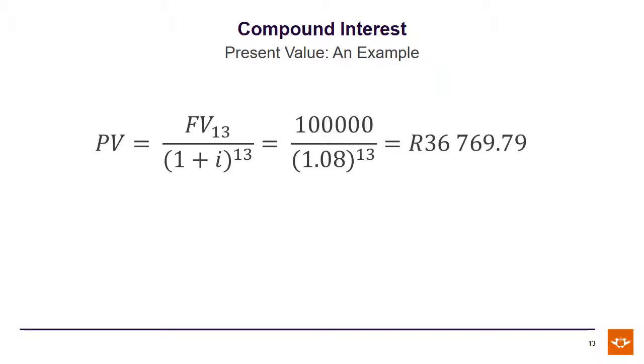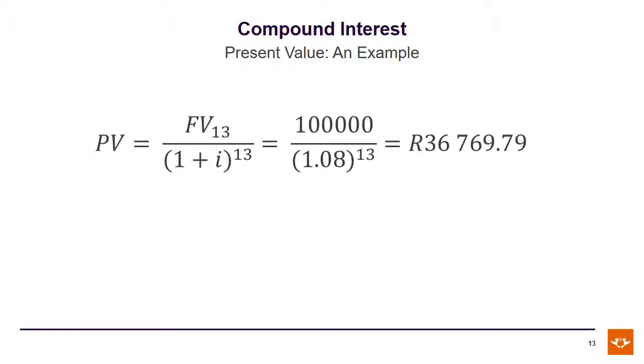So if we look at our formula, the present value is going to be equal to 100,000 divided by 1.08 raised to the power 13. And you would need to invest a sum of 36,769 Rand and 79 cents today to ensure that when your daughter turns 18, in 13 years' time, you will have 100,000 Rand available for her education.